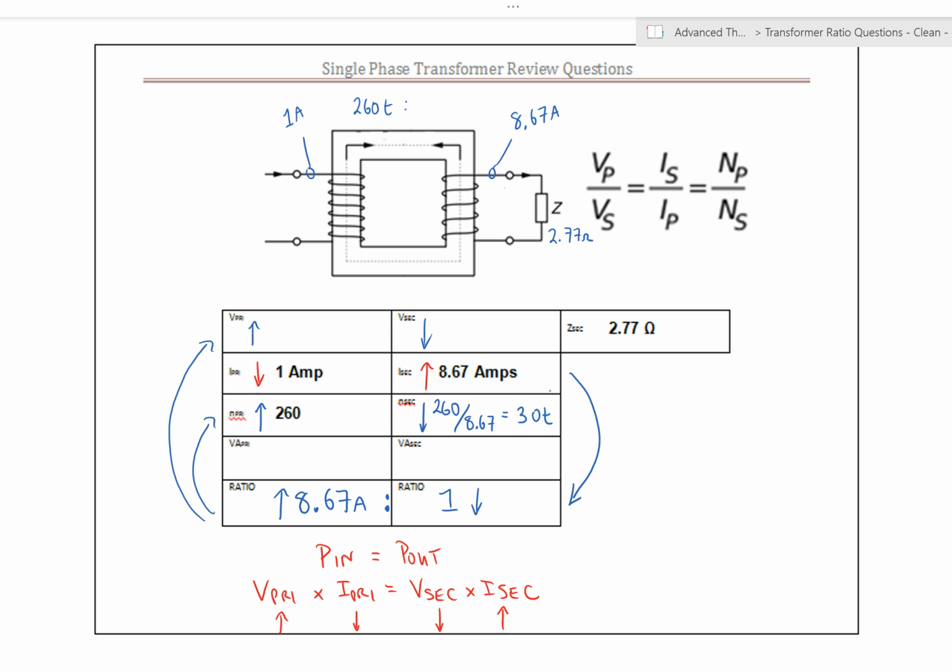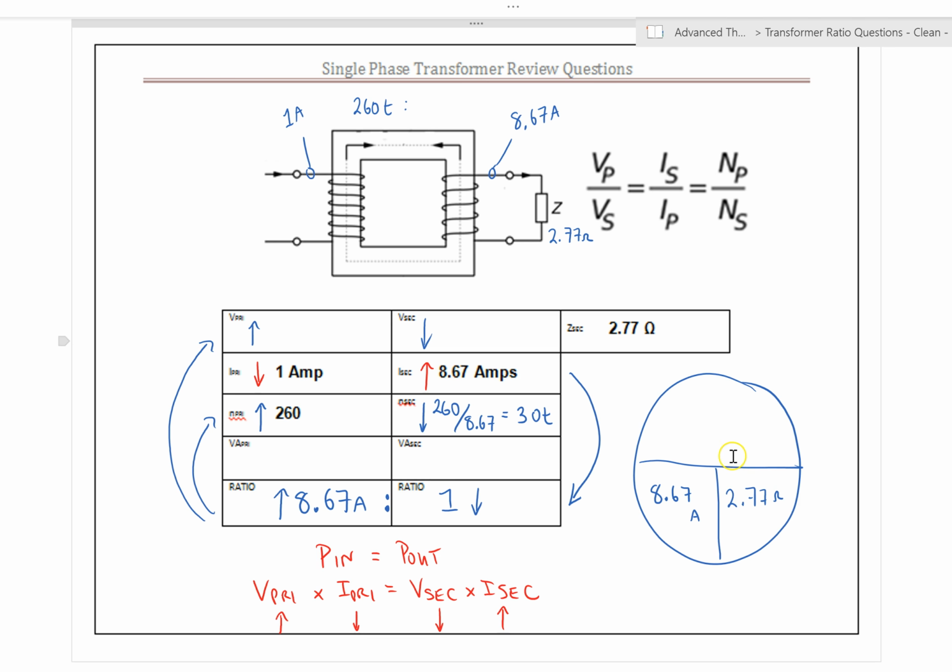What else can we do? We could find our secondary voltage, right? Let's see, we've got Ohm's law here, and across this load right here we have 8.67 amps flowing through an impedance of 2.77 ohms.